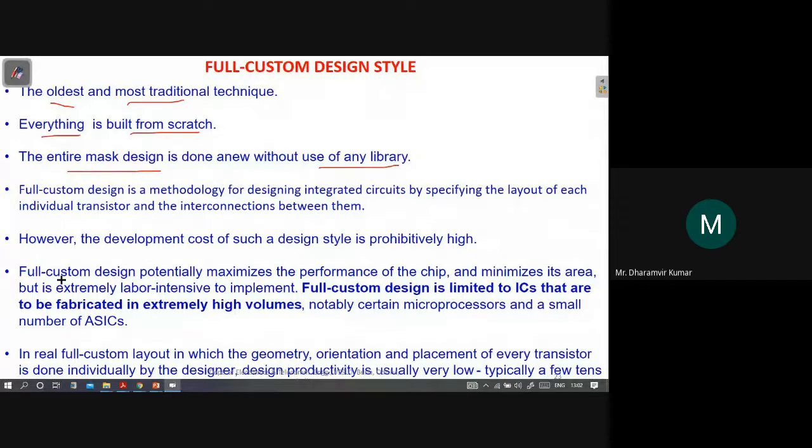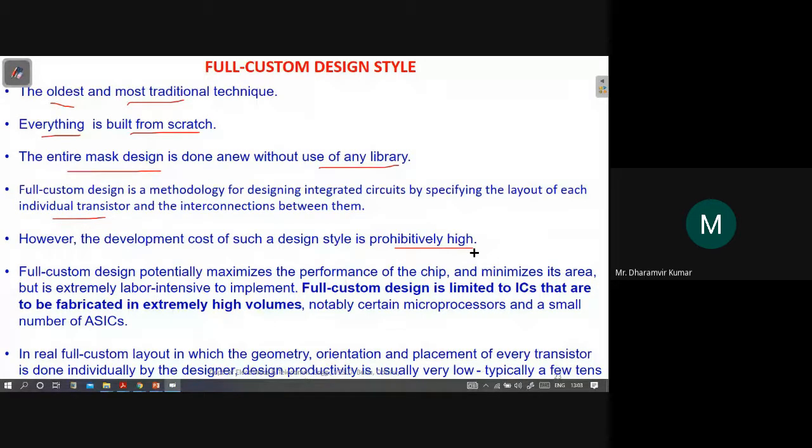Full custom design is a methodology for designing ICs, integrated circuits, by specifying the layout of each individual transistor and the interconnections between them. However, the development cost of such a design is prohibitively high.